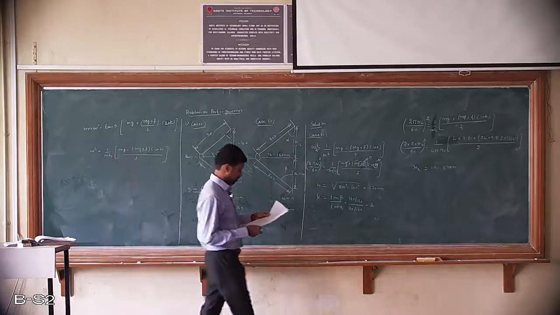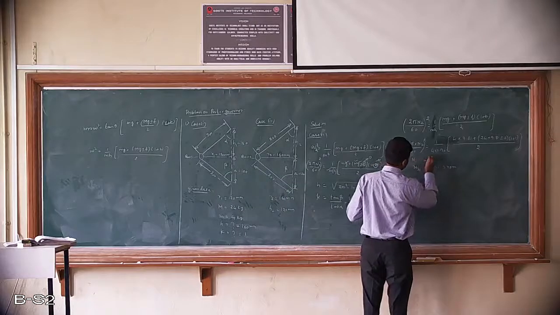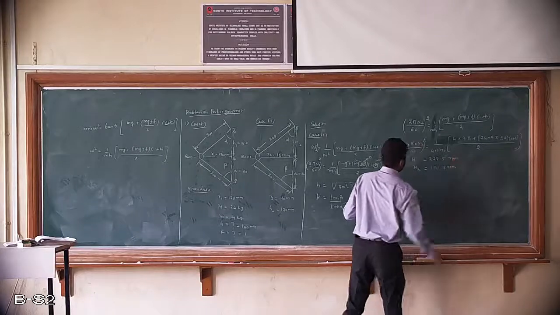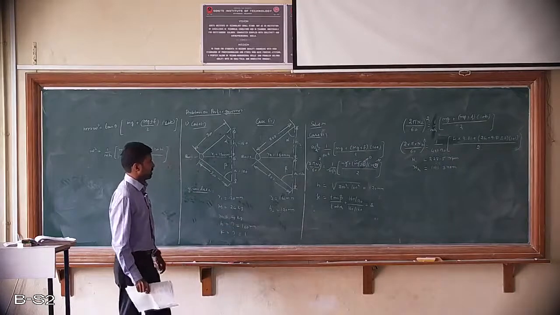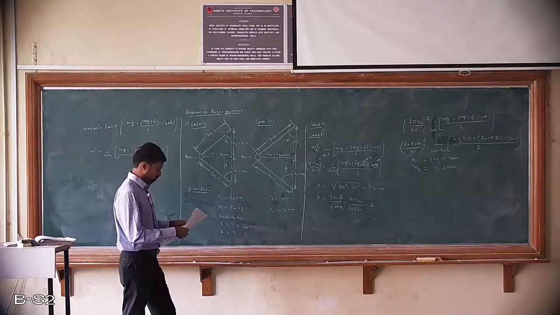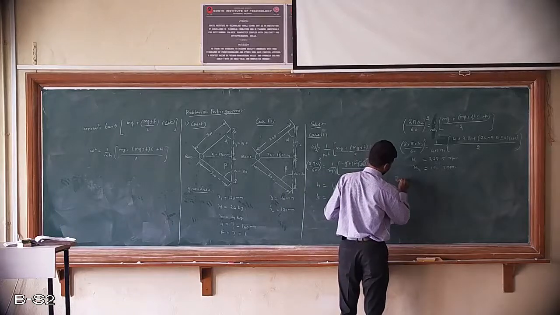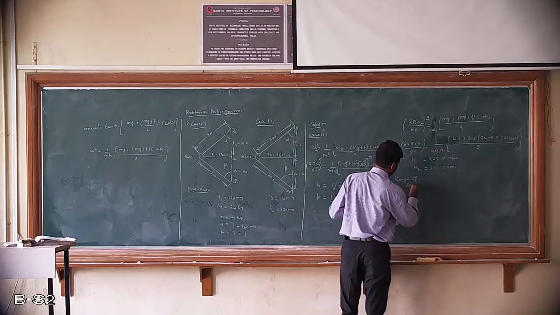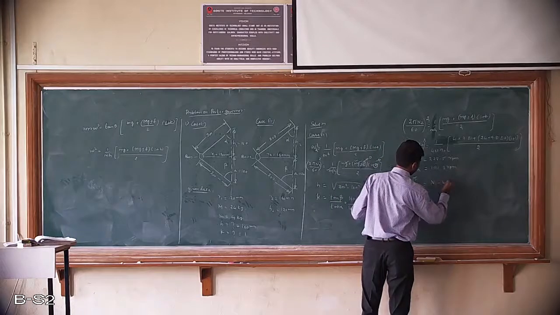So we know what is the value for n1. The value for n1 is 228.5 rpm. So we have got the value of n1 in case 1 and value of n2 in case 2. So now you can find out the range of speed. So range of speed is equal to n1 minus n2.